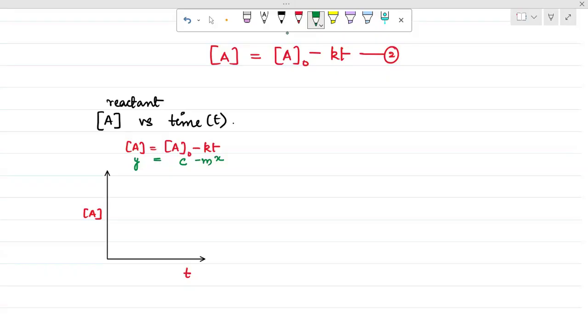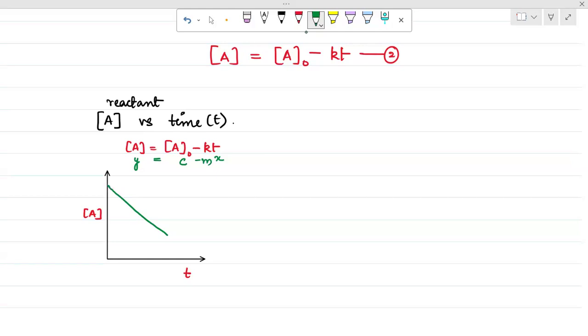You should know all the patterns of y is equal to mx plus c, okay? If you have doubts regarding the same, please reach out to me. So this is of the form y is equal to c minus mx. So it means it will have a negative slope, correct? M is the slope, it is negative. And this is C, which is our y-intercept.